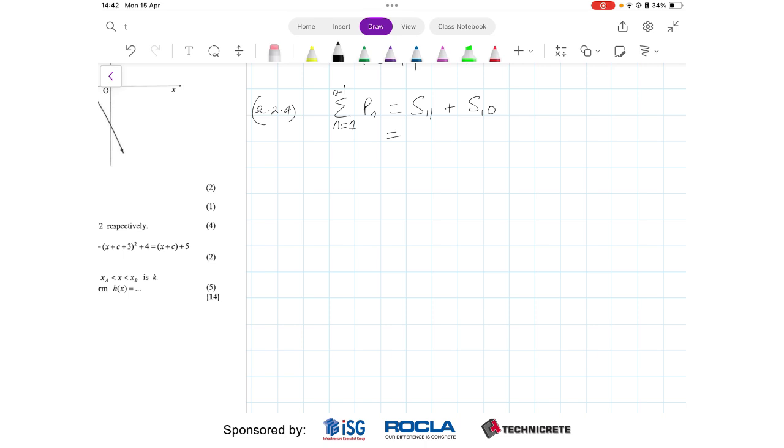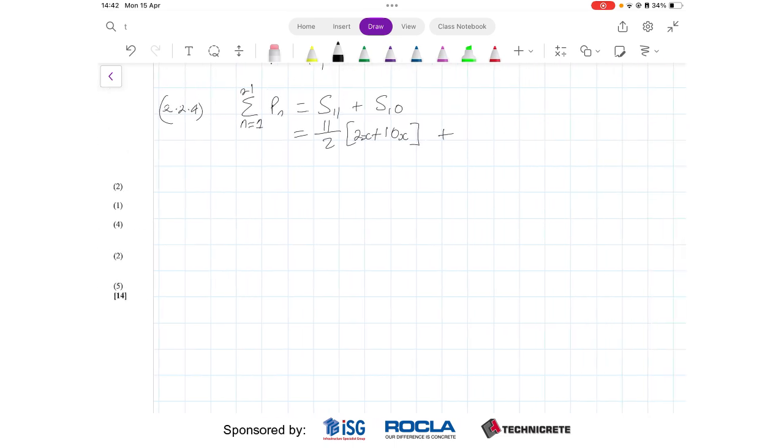Now, this is going to be equal to 11 over 2 into 2x plus 10x, right? And our geometric term will be 1 over 3, 1 minus 1 over 3 to the power 10, all over 1 minus 1 over 3, okay?